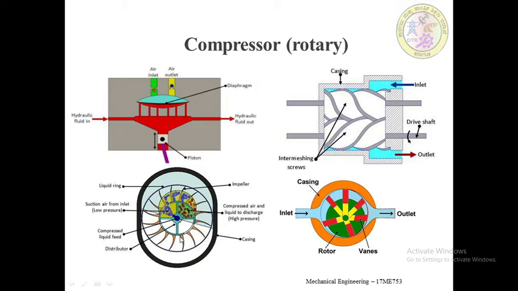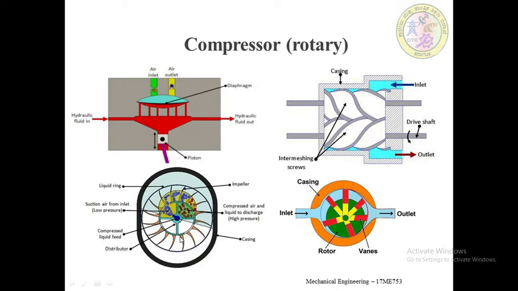So the construction of this liquid ring compressor, as shown in the image: the casing is filled with liquid up to the rotor center. The air enters the compressor through the distributor fixed to the compressor. During the impeller rotation, the liquid will be centrifuged along the inner ring of the casing.